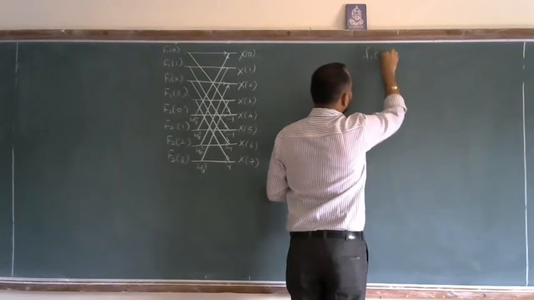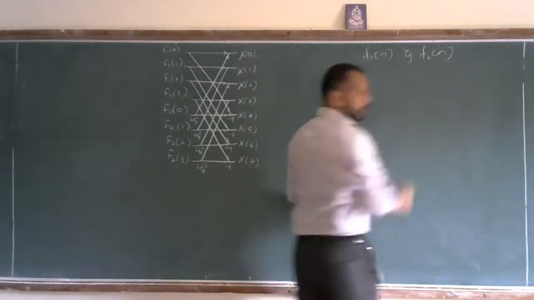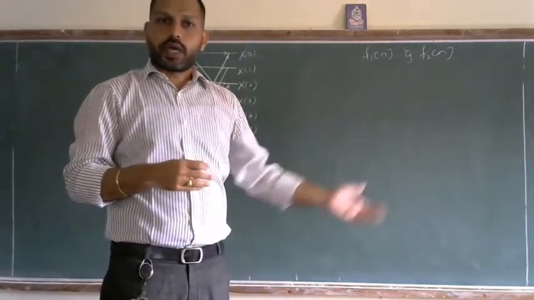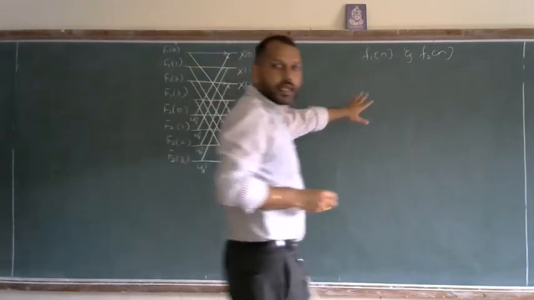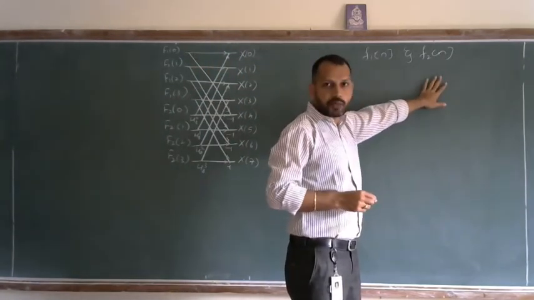Now in the second stage of decimation, we have two sequences, F1 of n and F2 of n, which are N by 2 point sequences compared to x of n. F1 of n has even numbered samples and F2 of n has odd numbered samples.